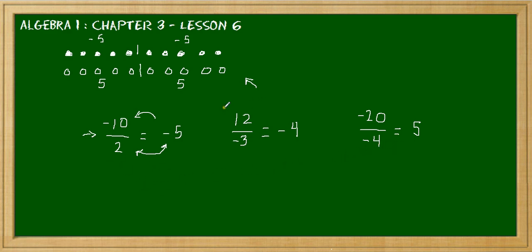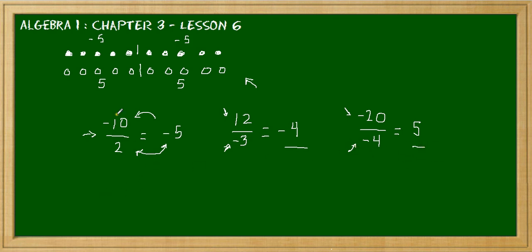So we have a positive over here and a negative, and the answer is going to be negative. And the quotient of two negative numbers is always positive. So we have two negatives, and they're going to yield a positive result that we have over here.